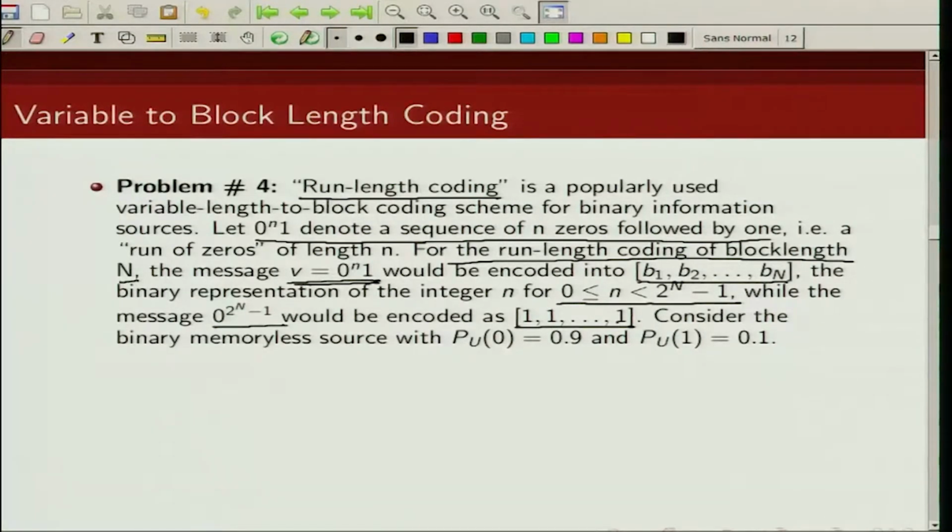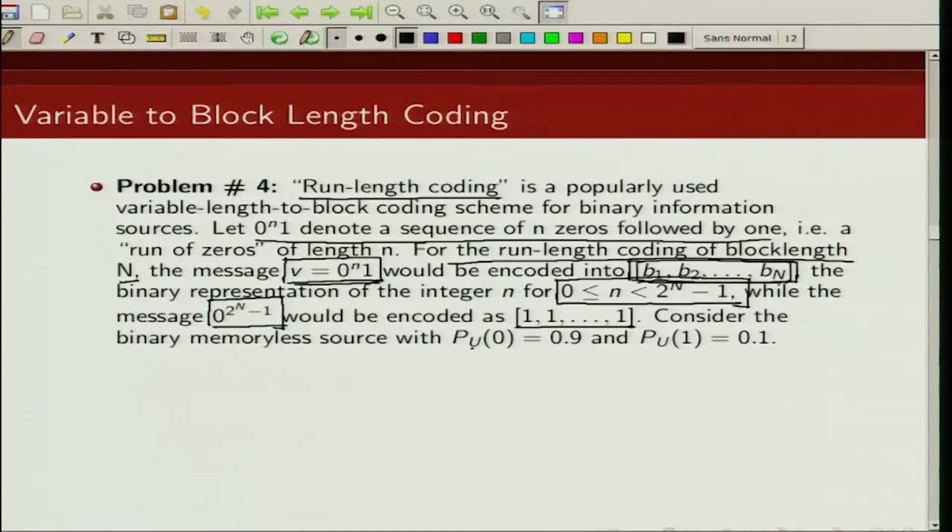So that's how run length coding works. Any sequence of this form is encoded into a sequence of length n, which is basically the binary representation, and if you have a run of all zeros, this is encoded as a sequence of ones of length n.